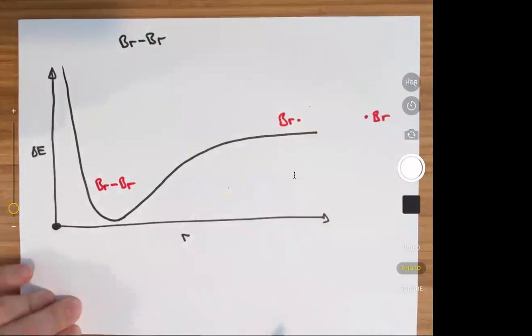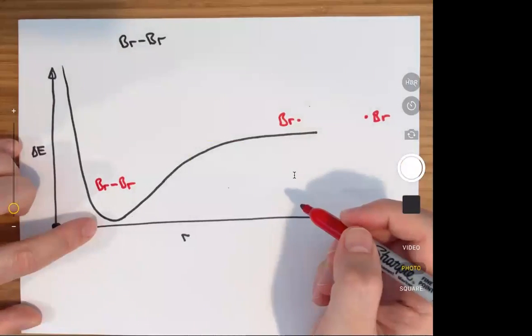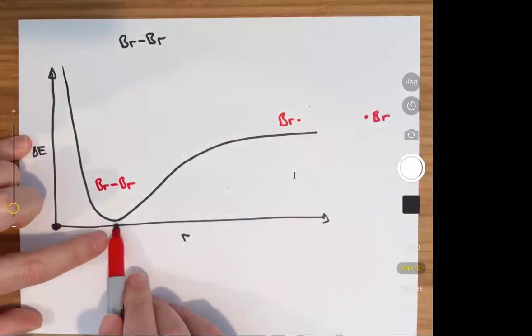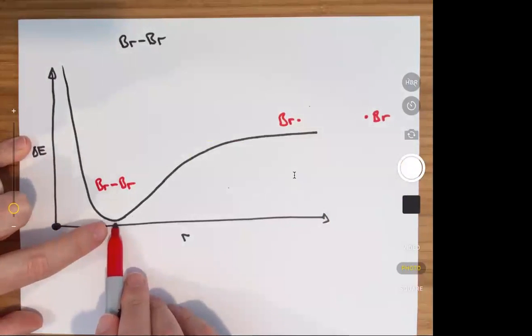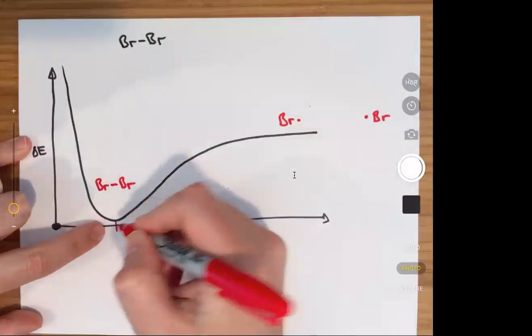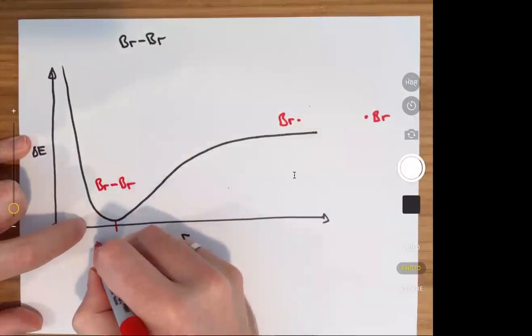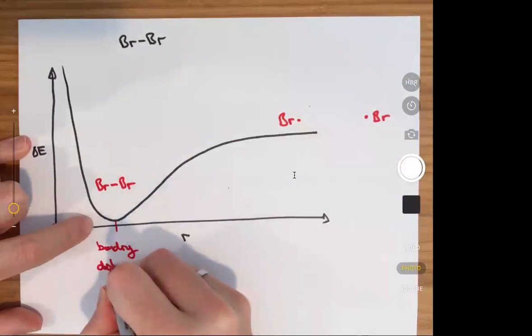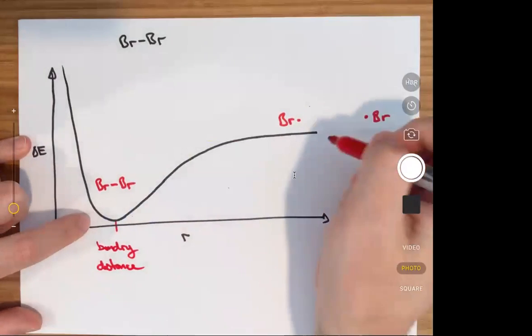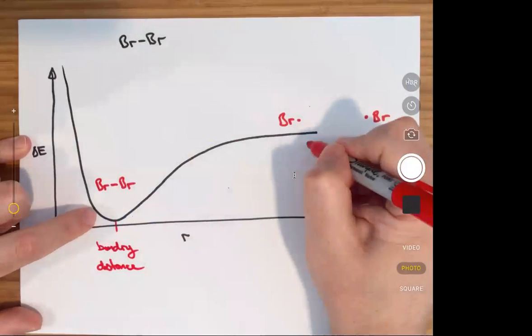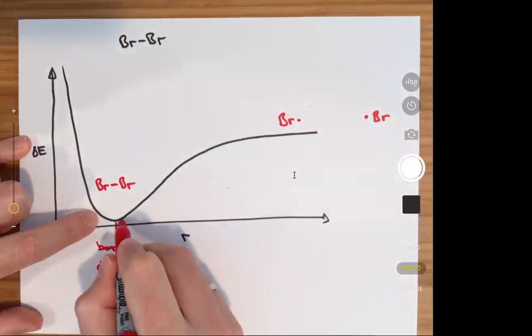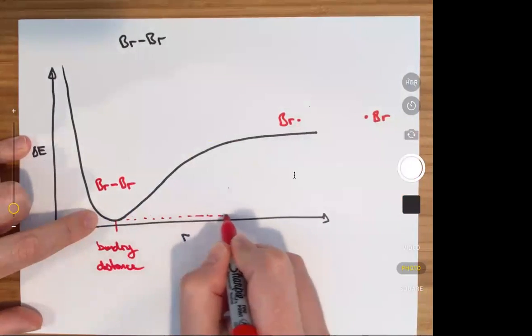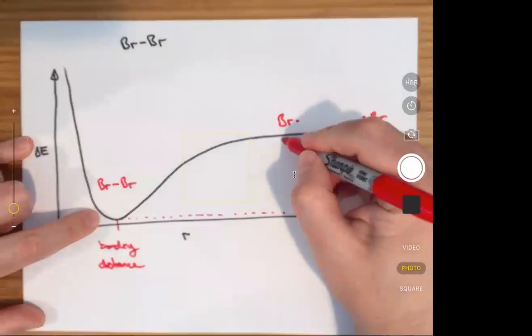The actual bond dissociation energy corresponds to the energy you have to overcome to get from this bonding distance to this infinite separation. So essentially, you're dealing with the energy that corresponds to this delta here.